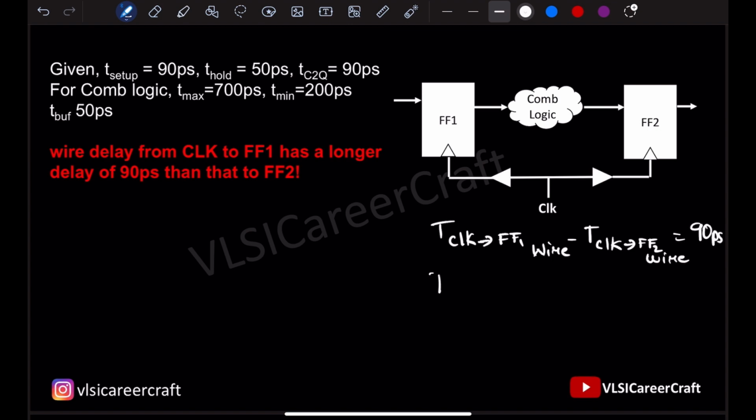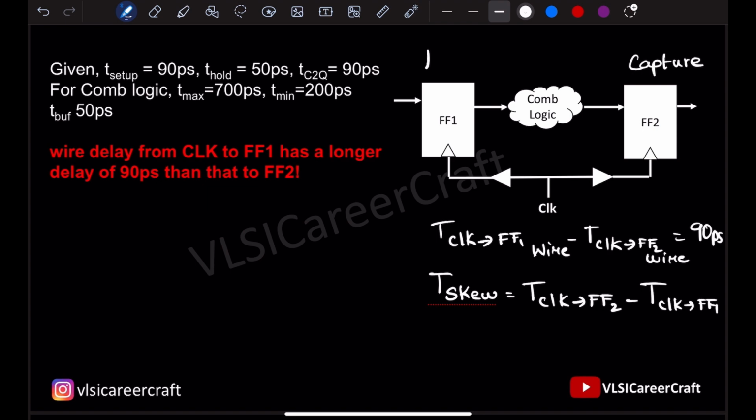But the T skew formula is T clock to flip-flop 2, that is the capture flop, minus T clock to flip-flop 1. In our case, flip-flop 2 is capture and flip-flop 1 is launch.